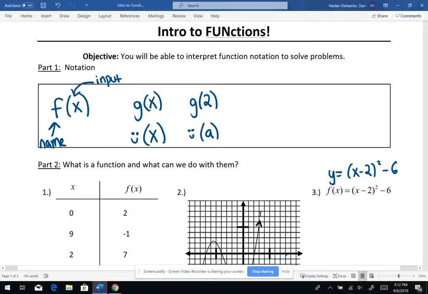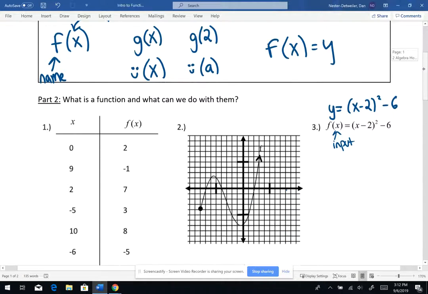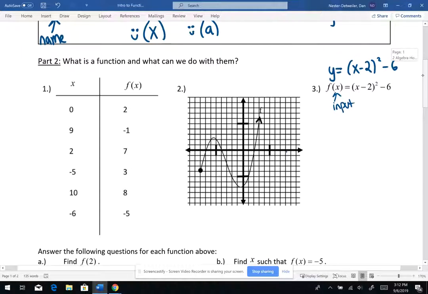That means almost the same thing. It's just different notation. Saying f of x is really like saying y equals. The only difference is it's telling you it's a function, and it defines it in terms of its input. I keep saying that because it's extremely important. Whereas y just tells you y, f of x tells you what the input is.